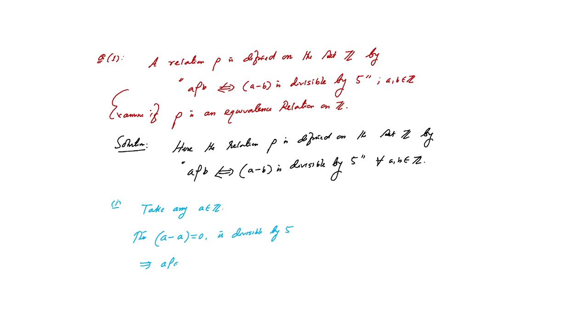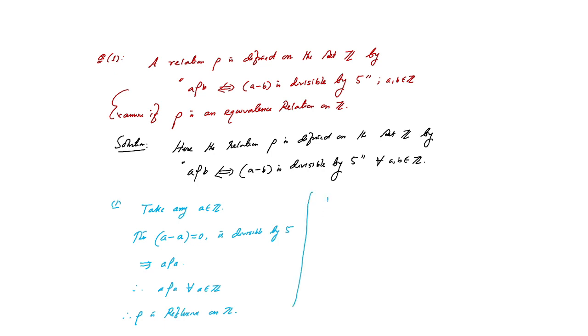This is basically A rho A. So A rho A holds for all A belongs to Z, because our A is an arbitrary integer. So that means it is reflexive. Therefore, rho is reflexive on Z.